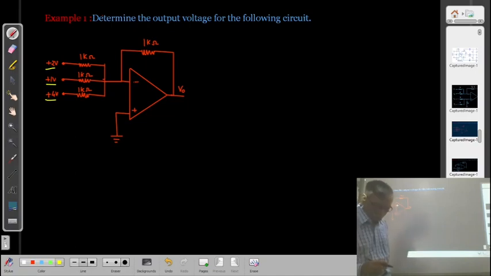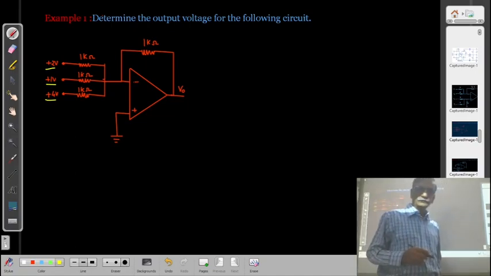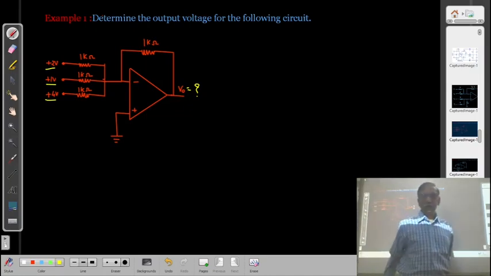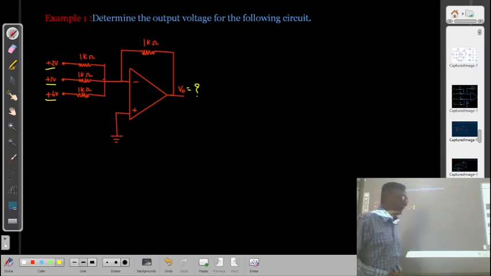Okay, now look at this example number 1. Here you have to find out what is the output voltage of this circuit. You can see it is a kind of summing amplifier, but you have to find out whether it is an inverting summing amplifier or a non-inverting summing amplifier. Here, all the input voltages are given to an inverting terminal.